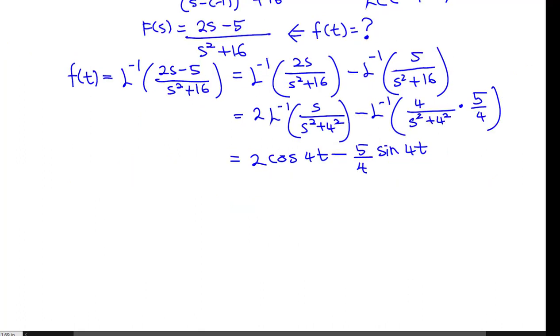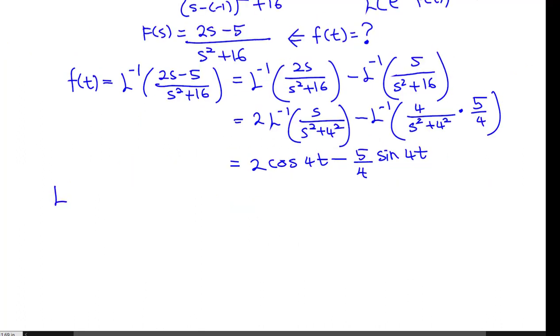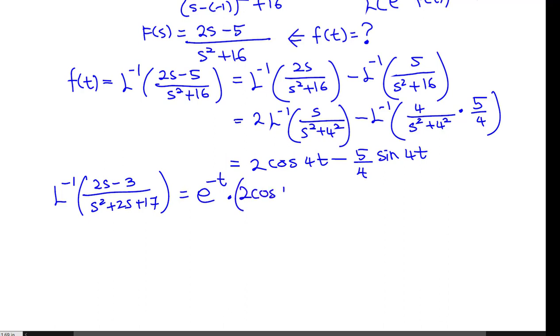So Laplace inverse (2s − 3) divided by s² + 2s + 17 is equal to, a is negative, so e^(−t) times (2 cos 4t − 5/4 sin 4t).